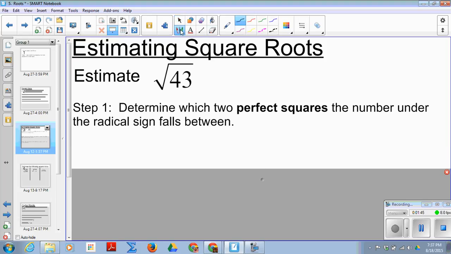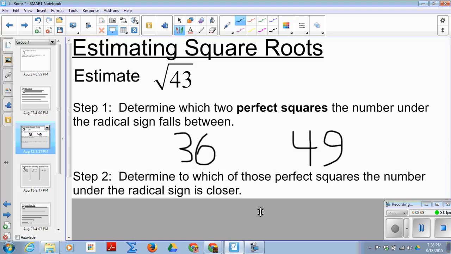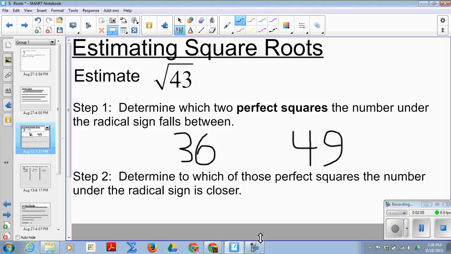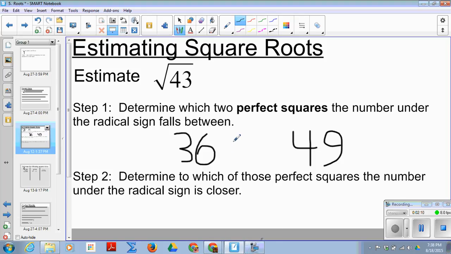Referring back to your list, we know that it falls between 36 and 49. The next step is to determine which of these perfect squares the number is closest to, and just some simple counting tells us it is closer to 49.